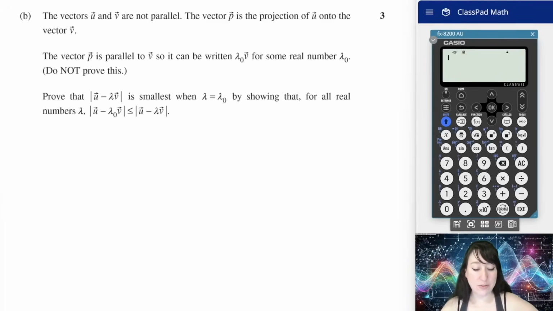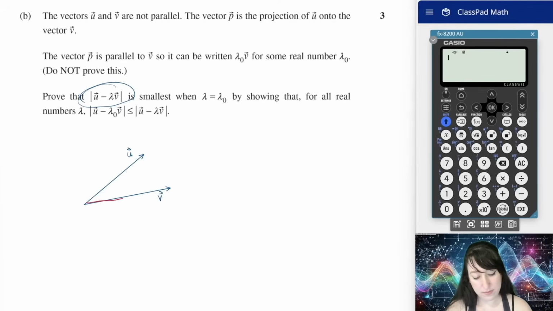All right, first I'm going to draw a diagram to help us make sense of what this is all talking about. So we have vectors u and v not parallel, and the projection of u onto v. So let's say this is u and this is v. Lambda v is just a scalar multiple of v.